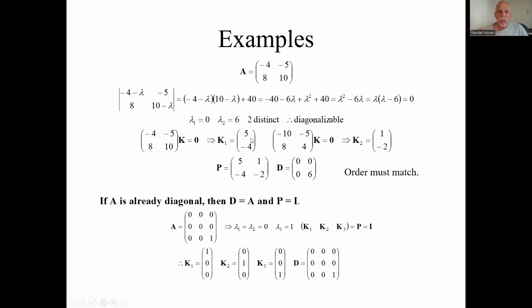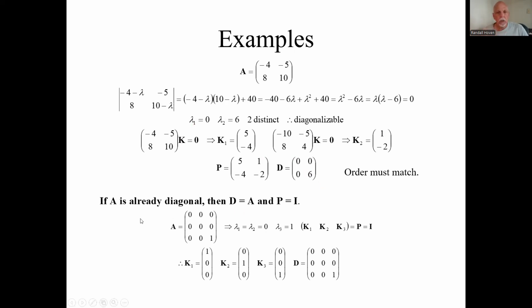So P has those two columns, (5, -4) and (1, -2). This one came from lambda 1, so D must be in the same order. Lambda 1 is 0, lambda 2 is 6. 6 corresponds to this guy. All right?